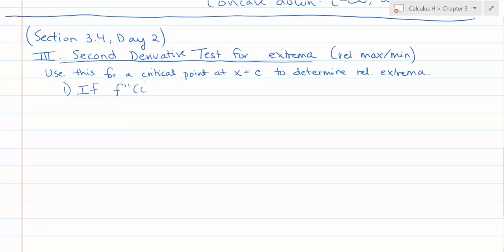Okay, so what we can say is if f double prime of c is greater than 0, so concave up, then f of x has a relative minimum at x equals c. If you think about it, if it's concave up, that means the graph is facing up.